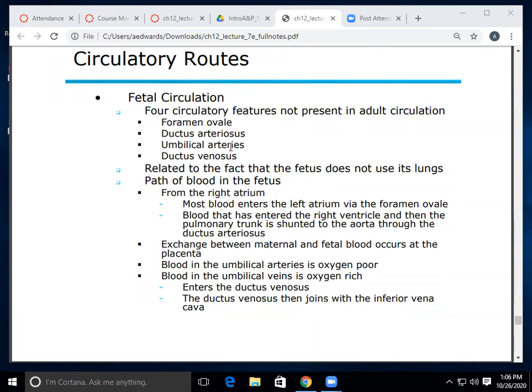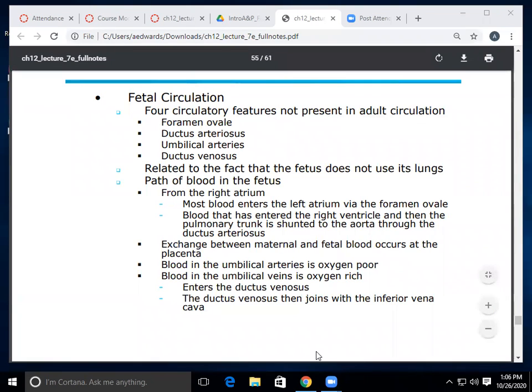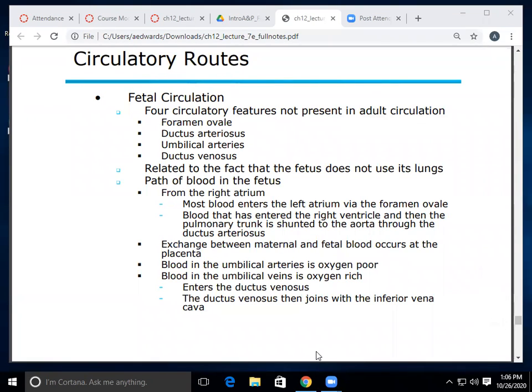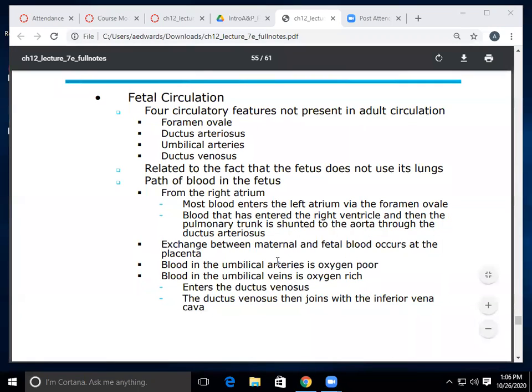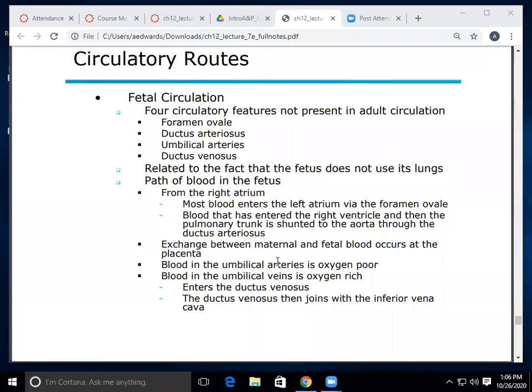You might think, okay, well, why is oxygenated blood going to the inferior vena cava? Because the inferior vena cava feeds into the right atrium.